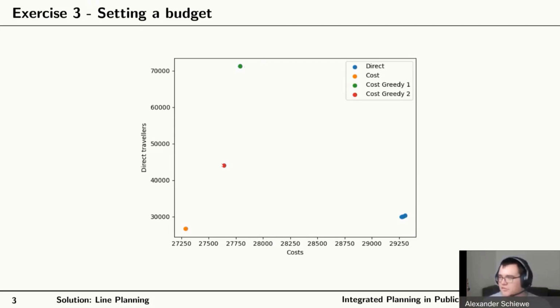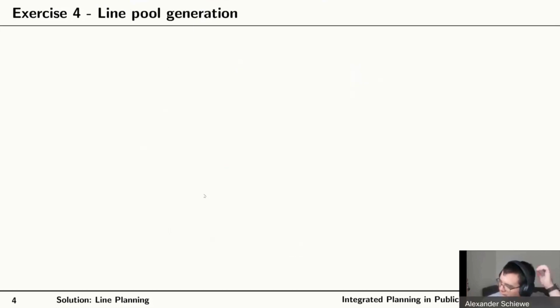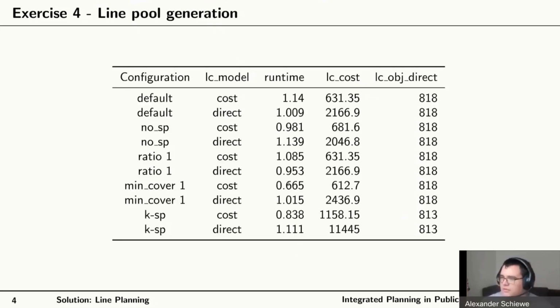So these cost greedy heuristics are not too costly, but have very, very high direct travelers. And this is just mainly due to being infeasible. So they do not solve the original problem.